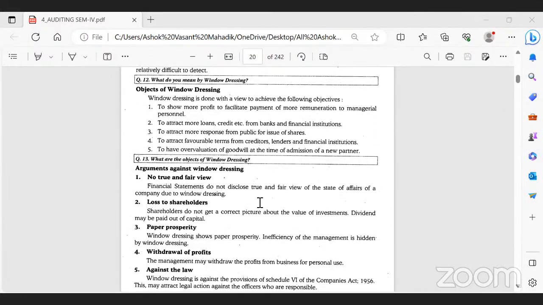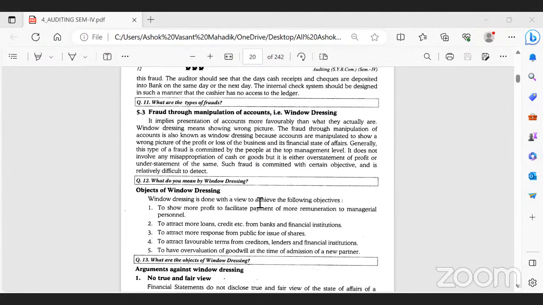Okay. Window dressing. This is one kind of fraud, which is manipulation of books of accounts. In window dressing, in management, mostly this is done at top level. Management, for some reasons or objectives, can show a better position of books of accounts than what actually is. They try to show a better picture.